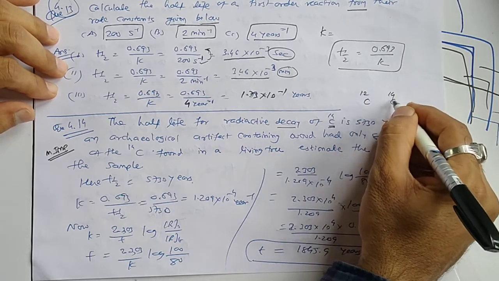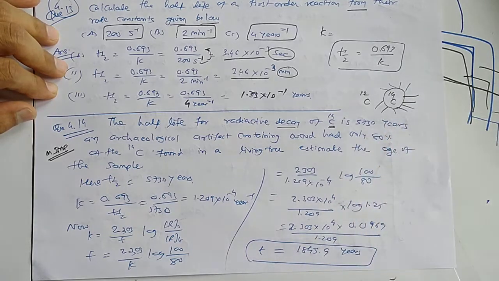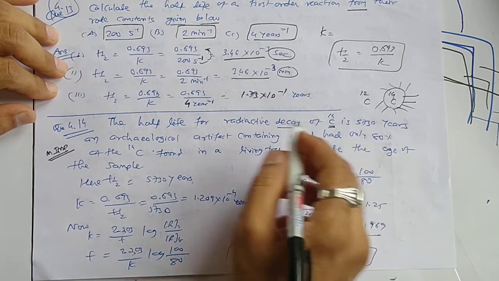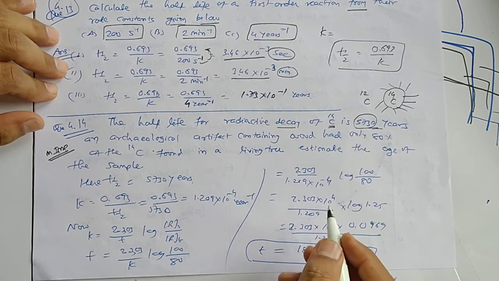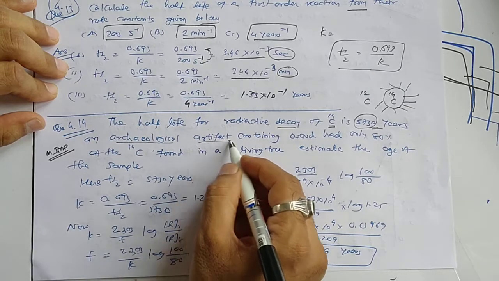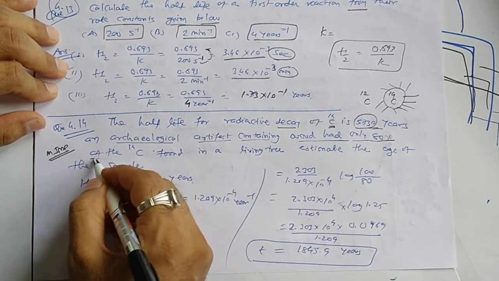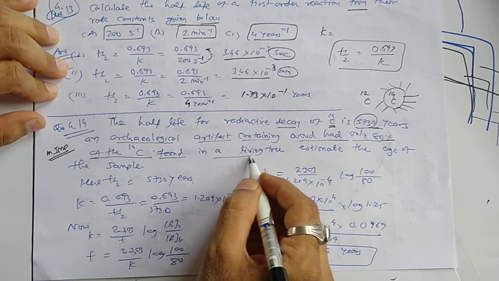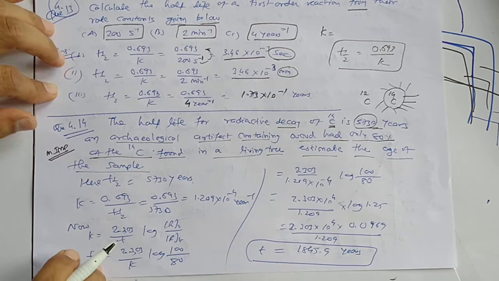C-12 is non-radioactive, but C-14 is radioactive and emits radiation. The half-life period of radioactive carbon is 5730 years. An archaeological artifact containing wood had only 80% of the C-14 found in a living tree. Estimate the age of the sample.